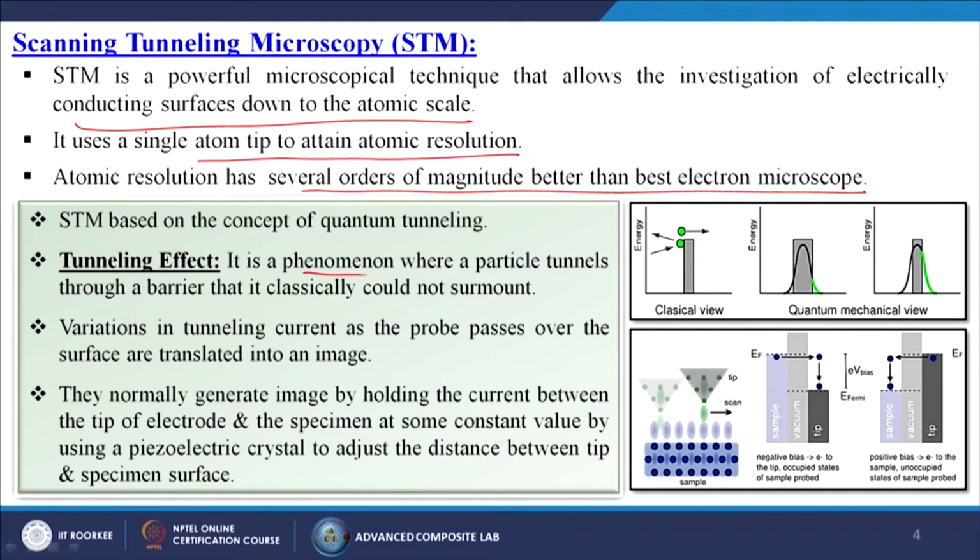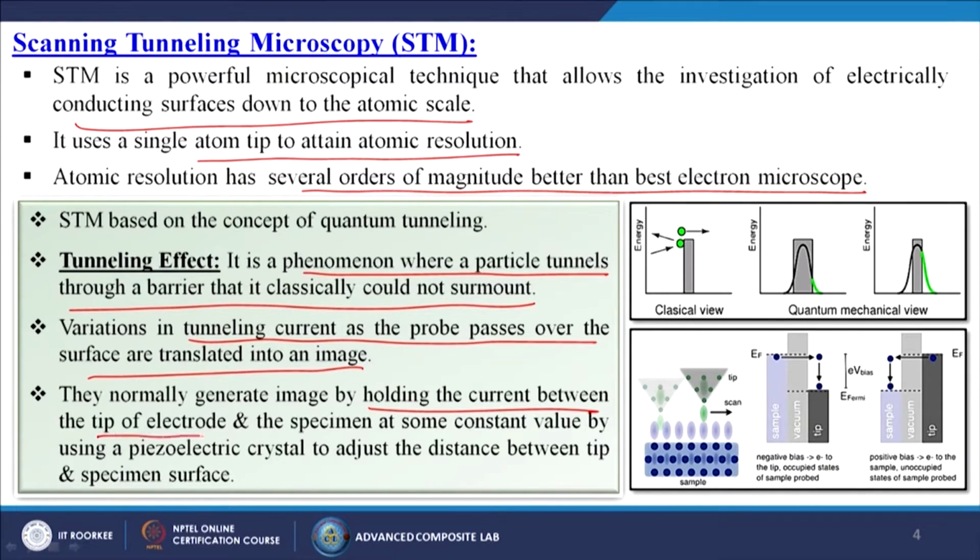It is a phenomenon where a particle tunnels through a barrier that it classically could not surmount. Variations in tunneling current as the probe passes over the surface are translated into an image. They normally generate an image by holding the current between the tip electrode and the specimen at a constant value, using piezoelectric crystals to adjust the distance between the tip and the specimen surface. So, automatically it will maintain a constant gap.